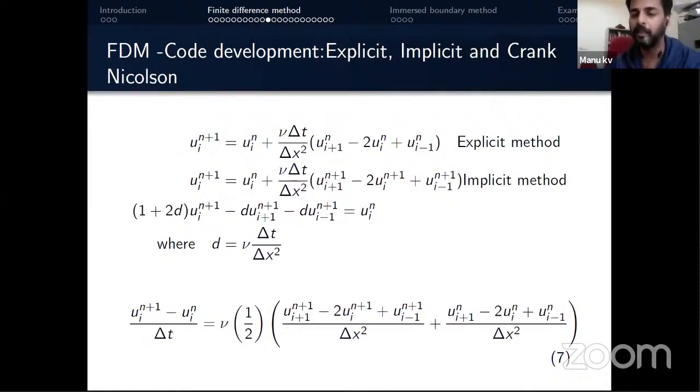There are different methods to solve a set of linear equations, like the tridiagonal TDMA scheme or ADI schemes. Depending upon the scheme, we can improve the solution.